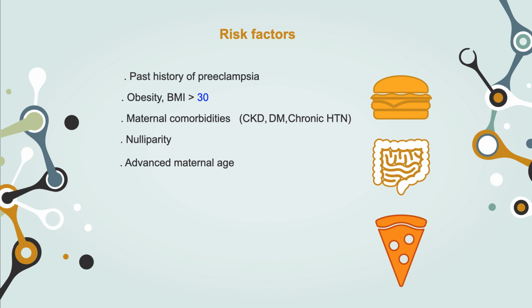If she's presenting with hypertension in pregnancy, that's also a risk factor. Then multiple gestations is another risk factor. If the fetuses are 2 or more, that is a risk factor. And if the patient does not have any preeclampsia in the previous pregnancies, but there is a family history of preeclampsia, that can be a risk factor as well.